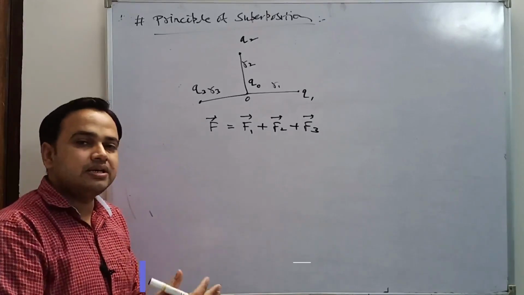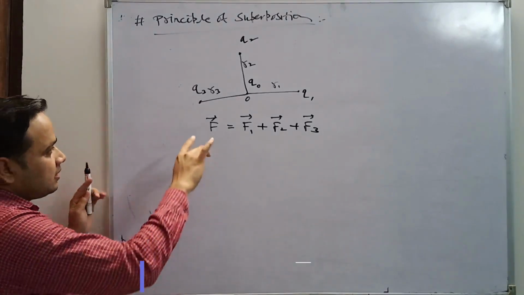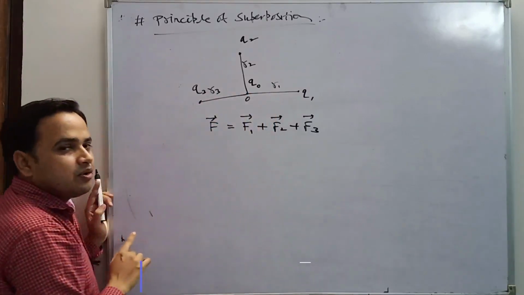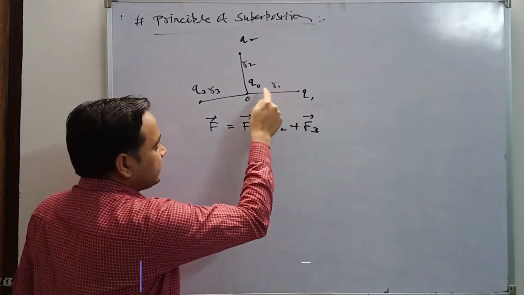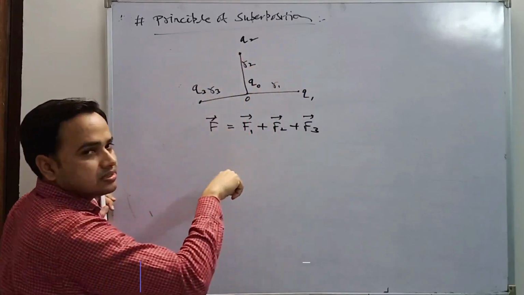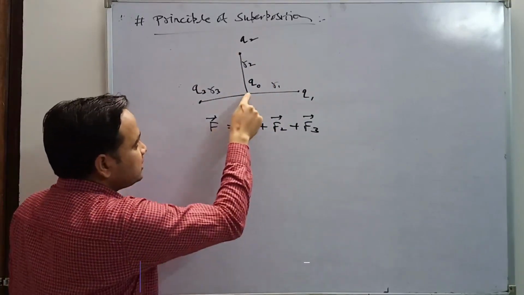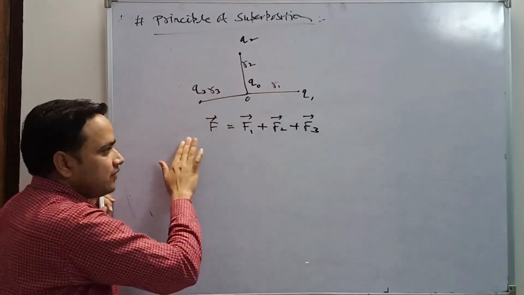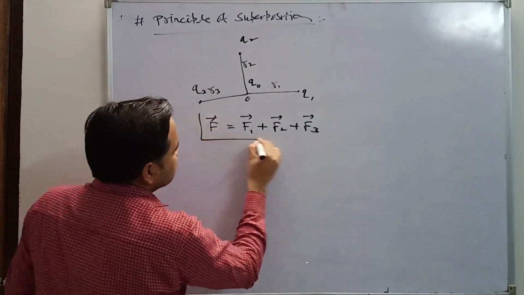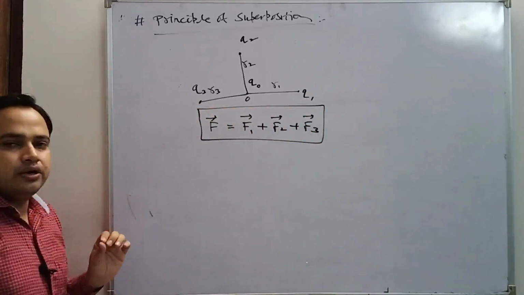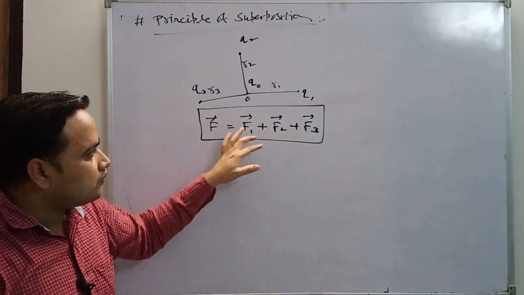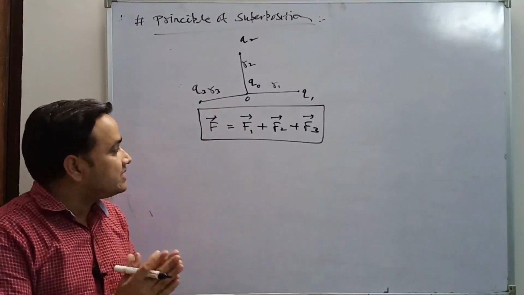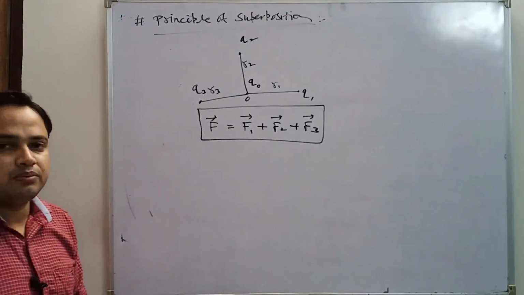In definition, we can say the total force on a particular charge is the vector sum of the forces acting on this charge due to different charges. It means the force on this charge is F1, F2, F3 added as vectors. Due to vector addition of these forces we get the total force on this charge. So this is known as the principle of superposition.